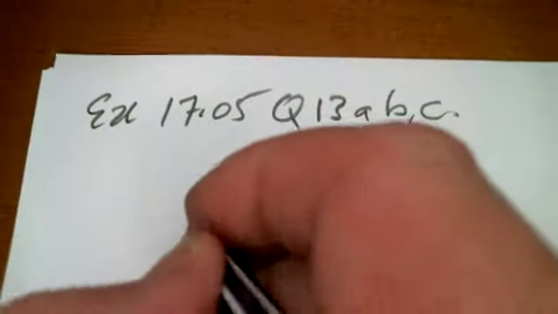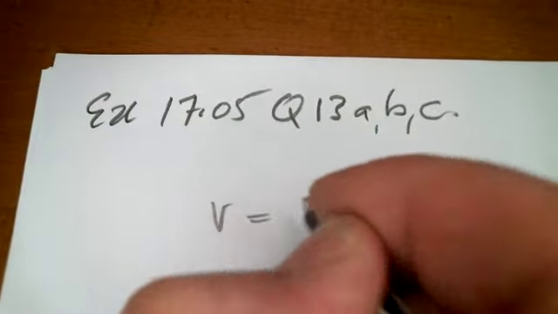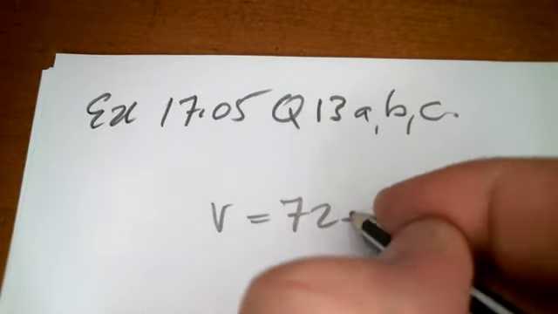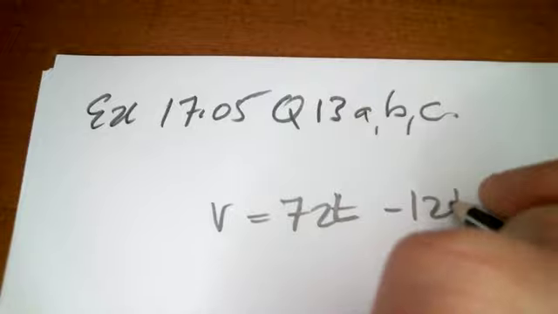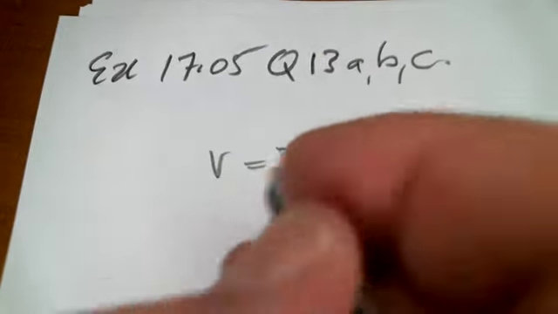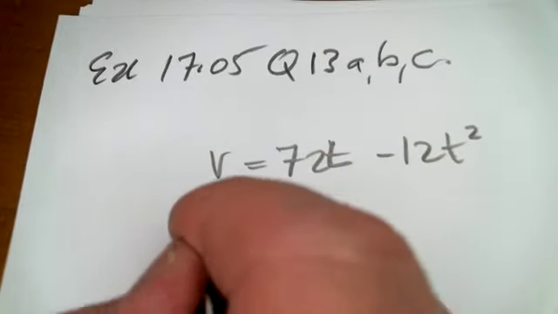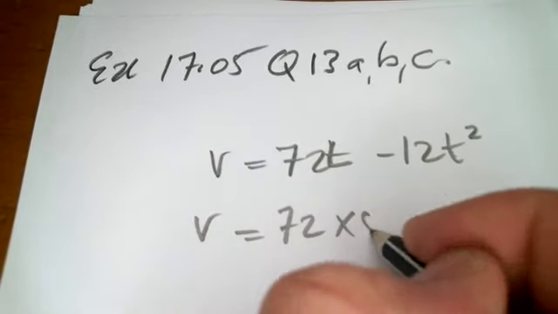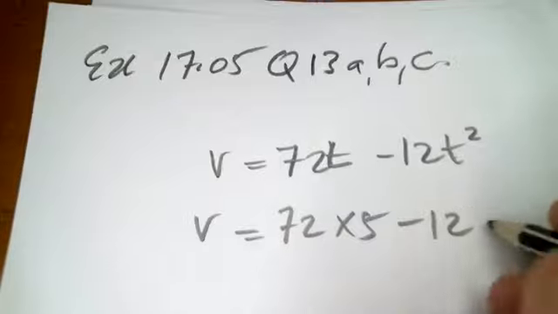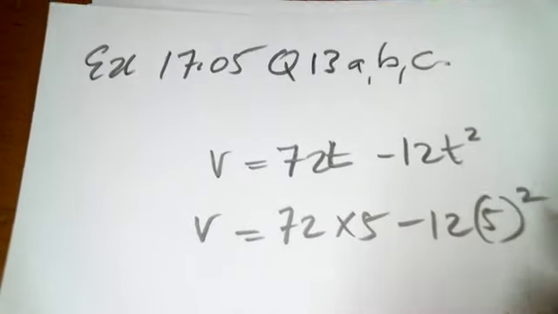And so we're going to end up with, here's the equation. They give us v equals 72t minus 12t squared. So we've got v, we don't know v, 72 times 5 minus 12 times 5 squared.